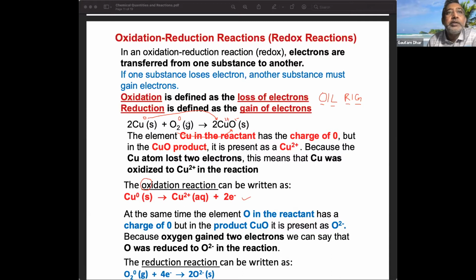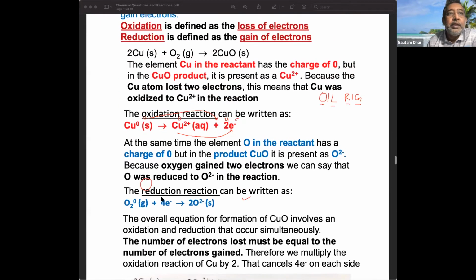And if you look at oxygen, oxygen is gaining the electron. So oxygen is getting reduced. So O2 becomes 2 O2 minus if you balance it. So that means copper is losing 2 electrons, oxygen is getting 4 electrons. So you need actually 2 copper to do the job, right?